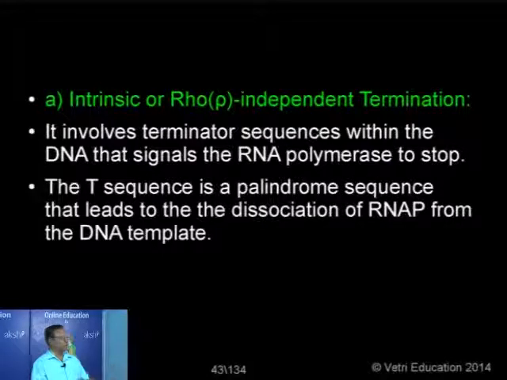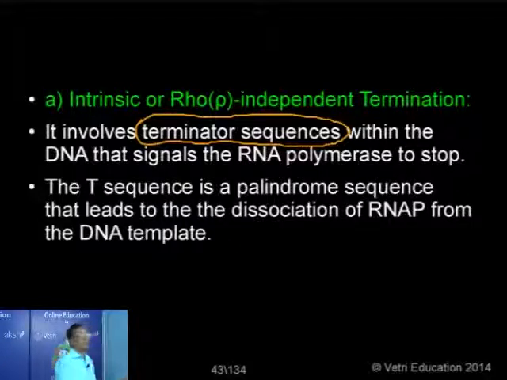It is with the help of the terminator sequence. Once the RNA synthesis is going to be completed, before stopping the activity of the RNA polymerase, this region is exposed. It is normally found in DNA, a terminator sequence within the DNA that gives signals to the RNA polymerase to stop the process of synthesis.